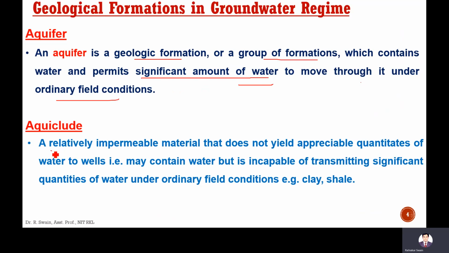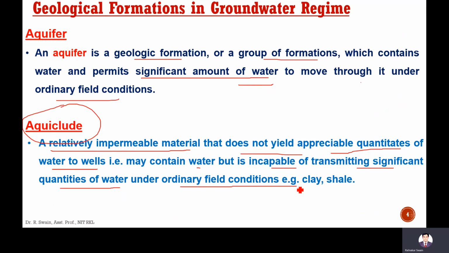Aquiclude is a relatively impermeable material. It is totally impermeable and does not yield appreciable quantities of water to wells. So if we bore a well, we cannot draw an appreciable quantity of water. It may contain water, but it is incapable of transmitting significant quantities under ordinary field conditions, like clay and shale.